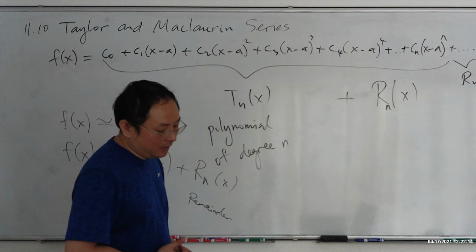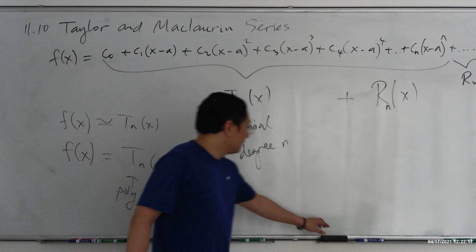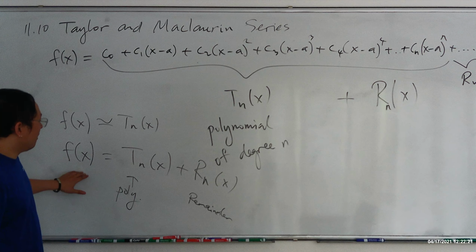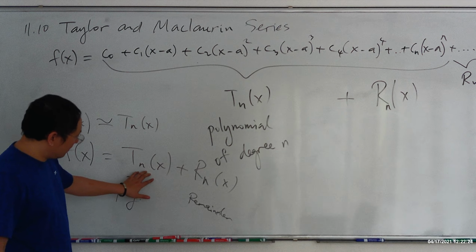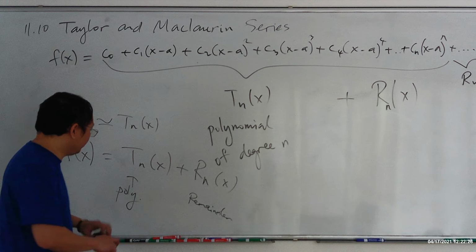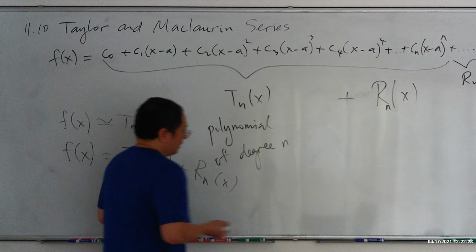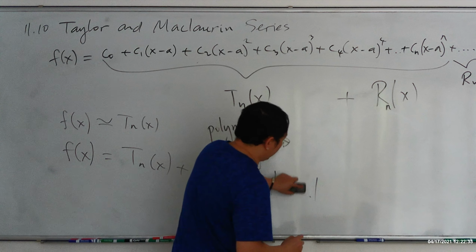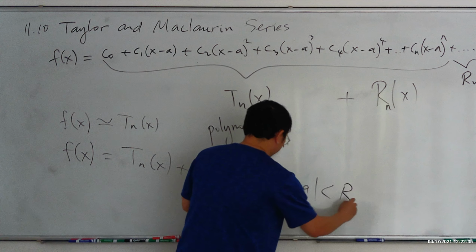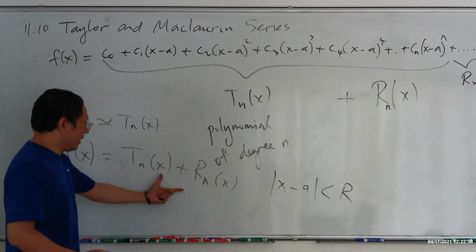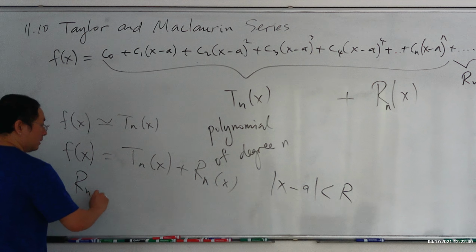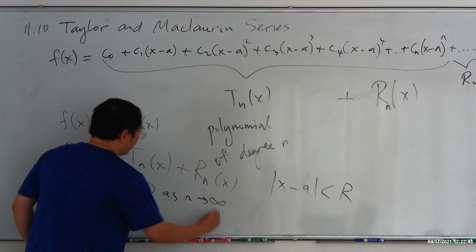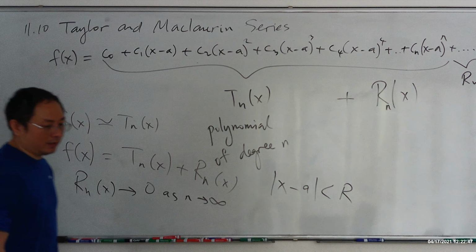And there's a theorem in our book saying that if you can write a function in the form of a Taylor polynomial plus a remainder, with the interval of convergence, x minus a less than r, and you know that Rn goes to 0 as n goes to infinity, then you know that this function can be written as a power series.